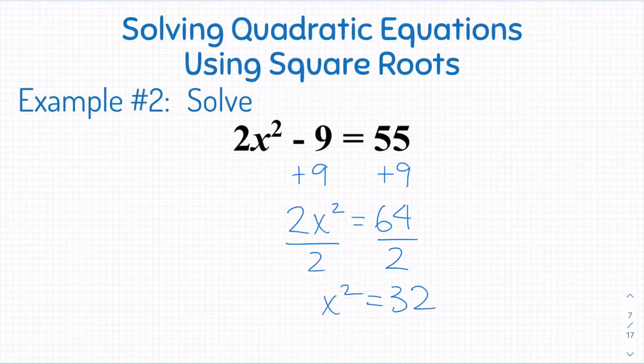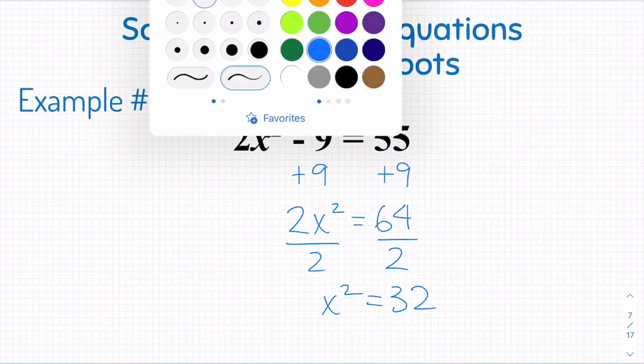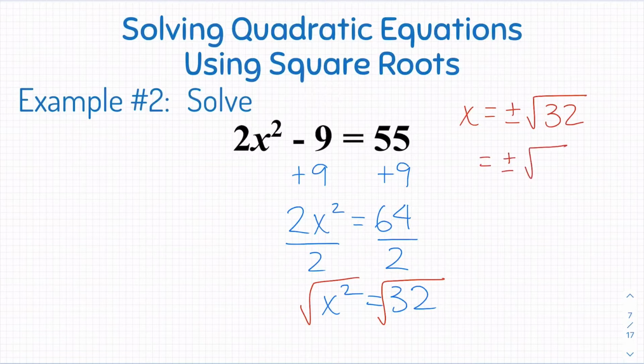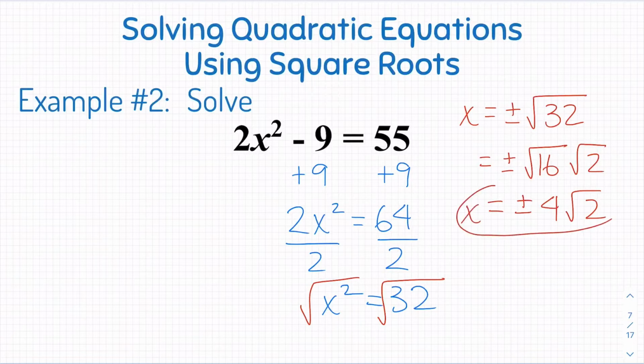And then I need to figure out, when I go to take the square root of both sides, I end up saying x equals plus or minus radical 32. I know the biggest perfect square that goes into 32 is 16, and 16 goes in there twice. So my final answer is x equals plus or minus 4 radical 2.